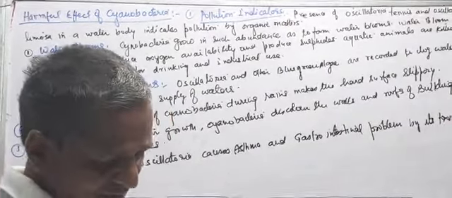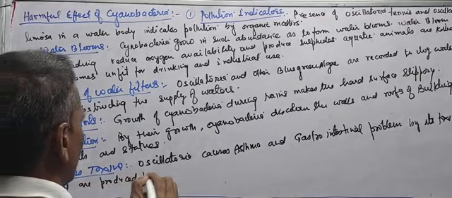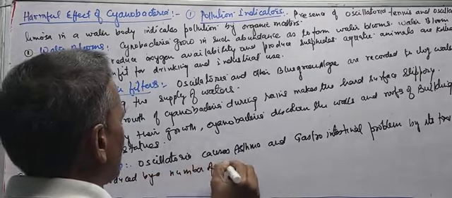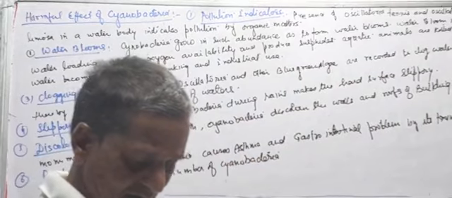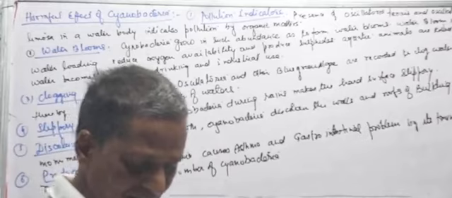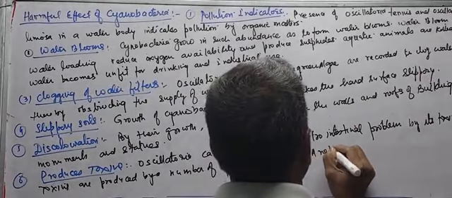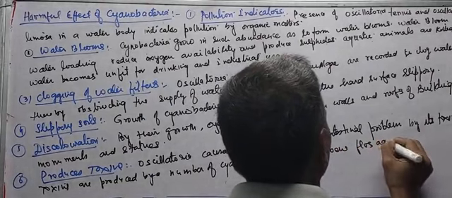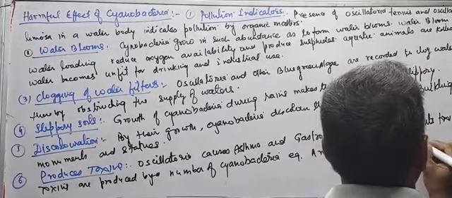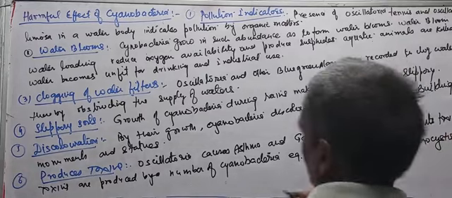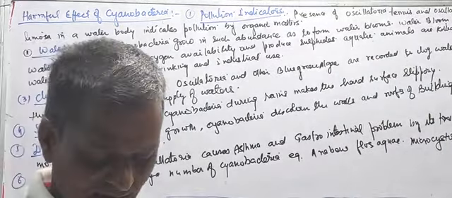Toxins are produced by a number of other cyanobacteria, for example Anabaena flos-aquae, Microcystis aeruginosa, etc.